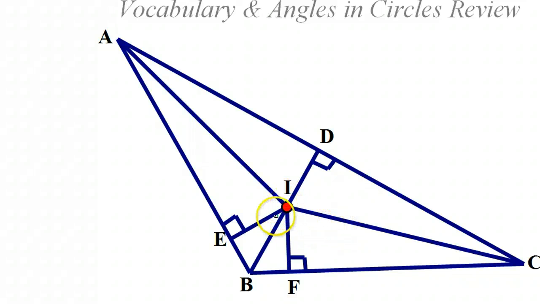So the incenter is equidistant to the sides. So that means this distance and this distance and this distance will be equal, all right, because those are the distances to the sides. Okay, so EI, FI, and DI.